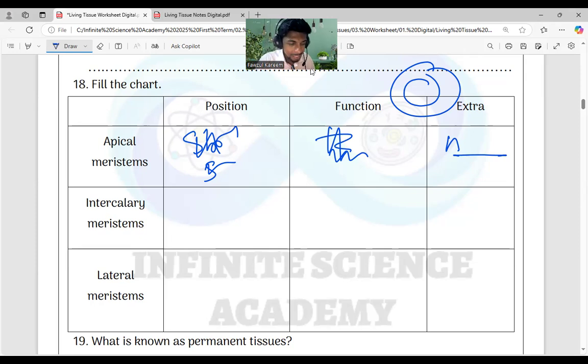So any others? Any others? If I complete the work, you can put it in the chat box, right? Okay, I'll wait.